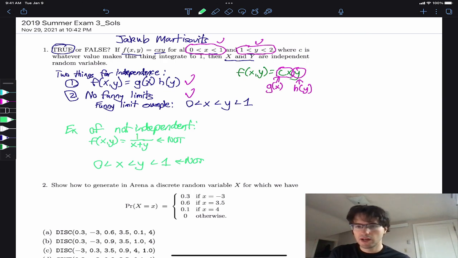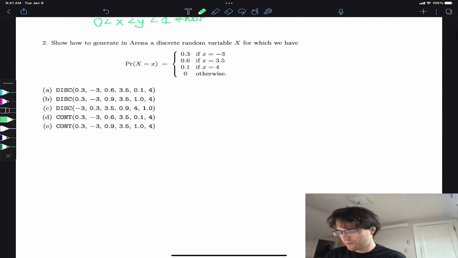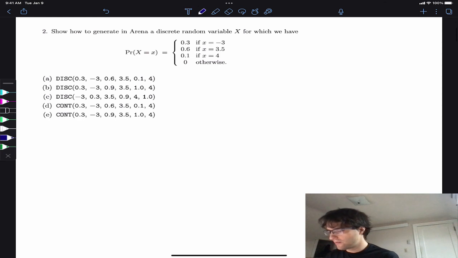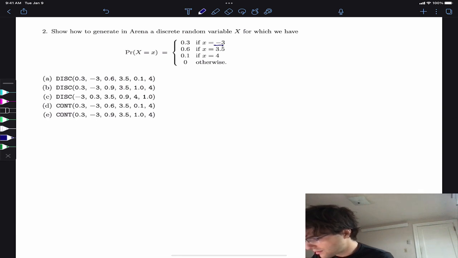All right, moving on to the next question. Question 2. Show how to generate in Arena a discrete random variable x for which we have the probability of x. The x can basically take just 3 different values. So x can be -3, it can be 3.5, or it can be 4.